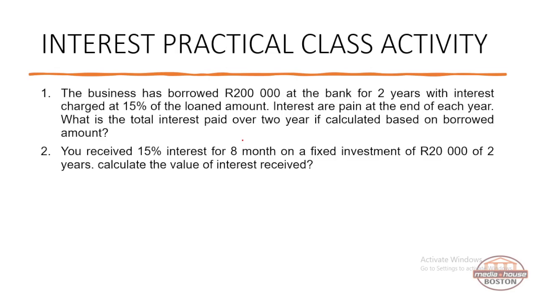We also performed this activity during class, an interest practical class activity. Number one says the business has borrowed 200,000 from the bank for 2 years with interest charged at 15% of the loan amount. Interest is paid at the end of each year.